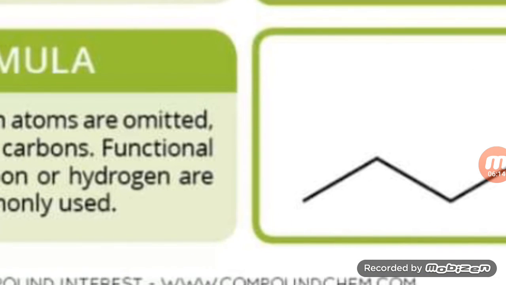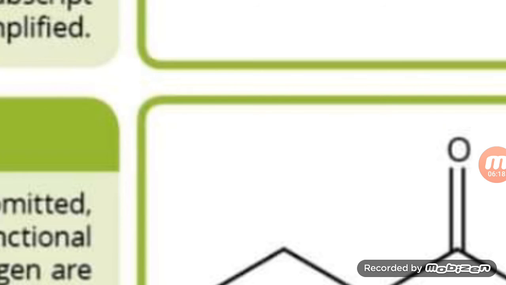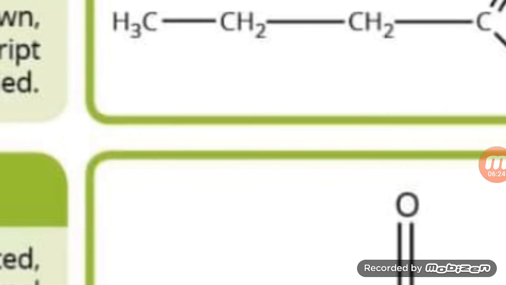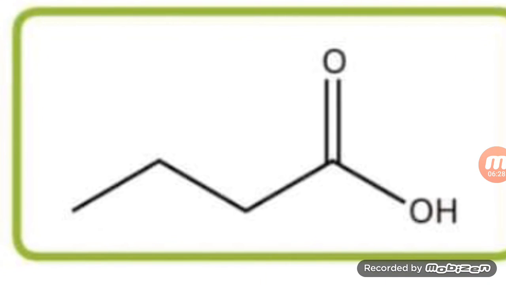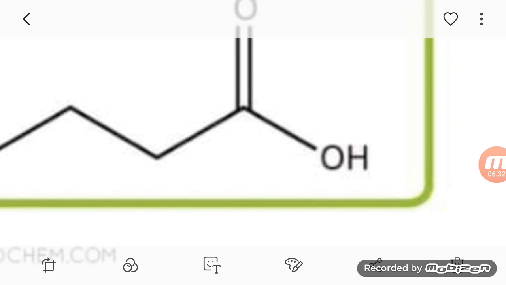This CH3 is in fact there, and this CH2 is that corner. Okay, I told you that each corner will have a carbon. This CH2 is there, this carbon is here, and this oxygen is there, and CO and OH are there.